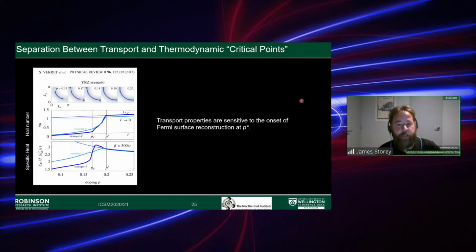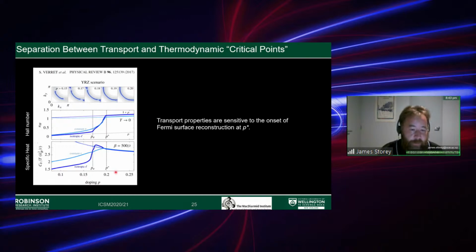But how else can we test this picture? A feature of this sort of model is that it predicts a separation between the doping where Hall number changes and specific heat changes. In this work, they showed, as I did, that at the onset of reconstruction, the Hall number decreases, whereas if you look at the specific heat jump at TC, that doesn't change to a lower doping.